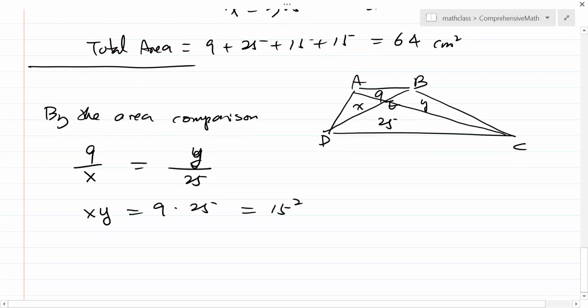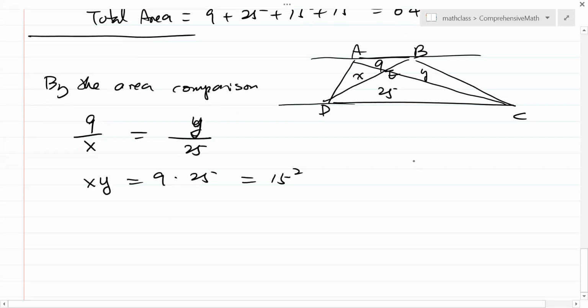So let's go back to here. There is a key issue we haven't used. Have we used that these two lines are parallel? No. That's the reason we only get one equation, because this could be like that even. You still have the same equality here.